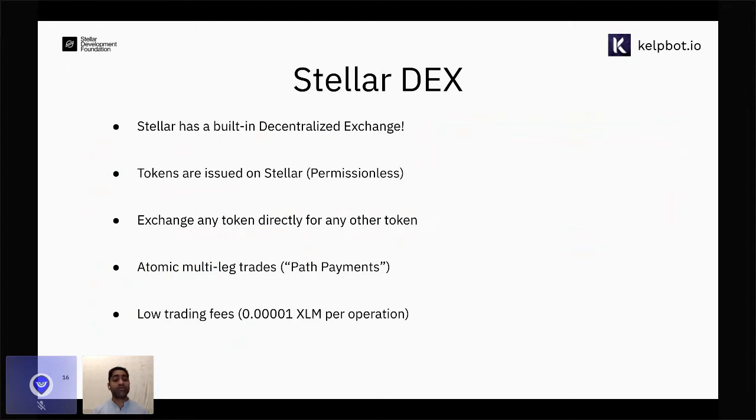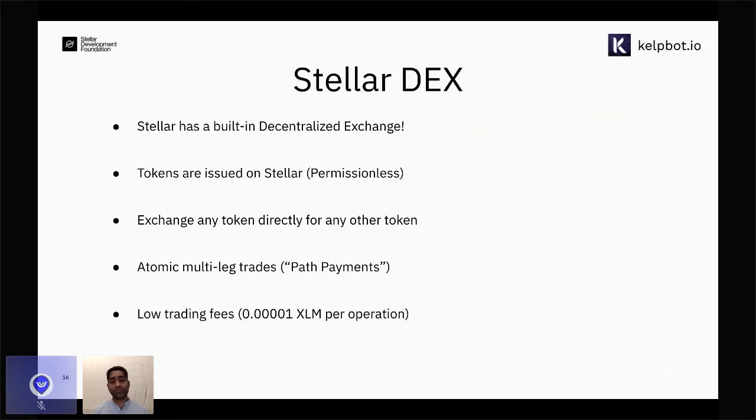We also have a very unique feature called path payments, which is an atomic multi-leg trade. So if you wanted to go from Bitcoin to XLM to USD, you could do that in an atomic fashion, so you're never left holding the intermediary asset. This is useful if, say, you wanted to service a payment corridor where someone wants to pay from euros to Philippine peso.